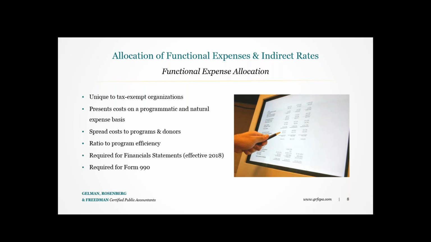So moving forward, while it has been a best practice, it now becomes a required part of the basic financial statements. And so organizations have generally done this for 990 purposes, although it might be in a more condensed format. It will now be in a more expanded format for financial statement purposes.